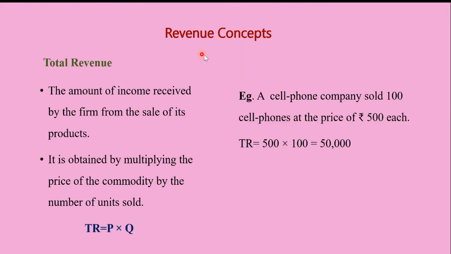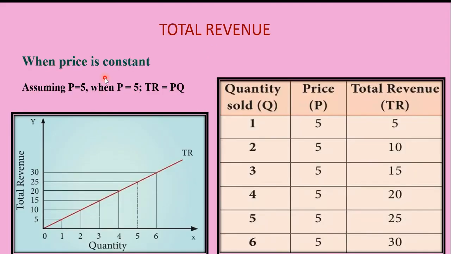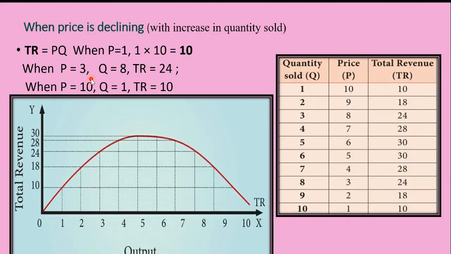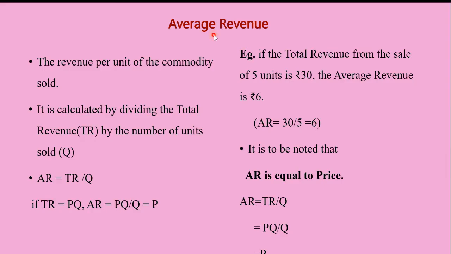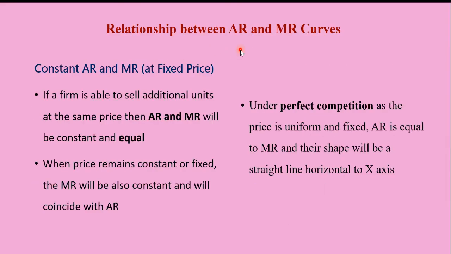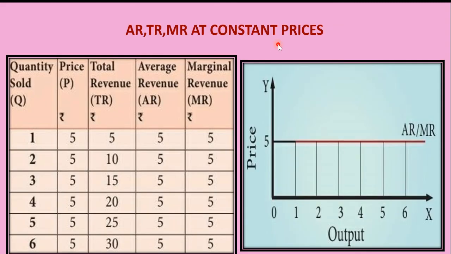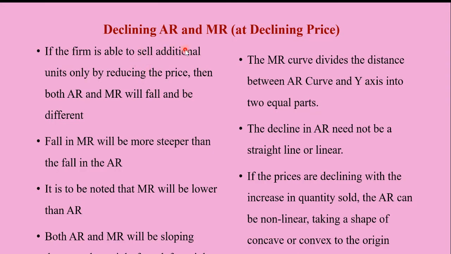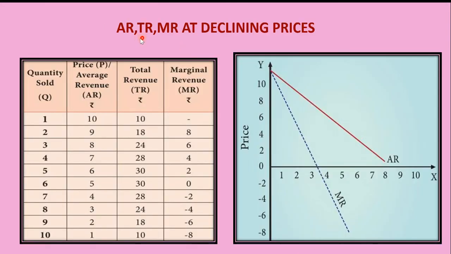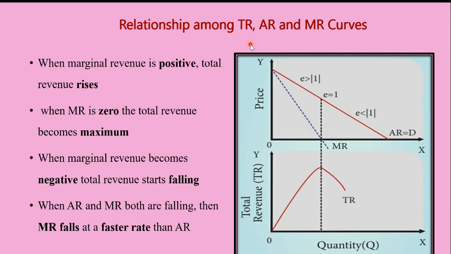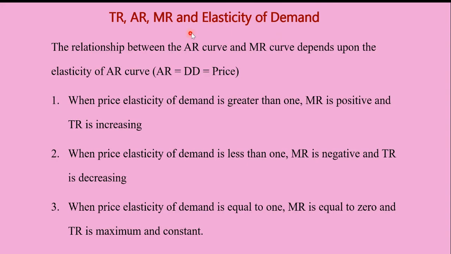In the revenue analysis, I explained total revenue, when the price is constant and when price is declining, average revenue, marginal revenue, then the relationship between AR and MR curves at constant prices and at declining prices, then AR, TR, MR at declining prices, the relationship between TR, AR, and MR curves, then the elasticity of demand and TR, AR, and MR curves. With this lesson, we finish chapter 4.